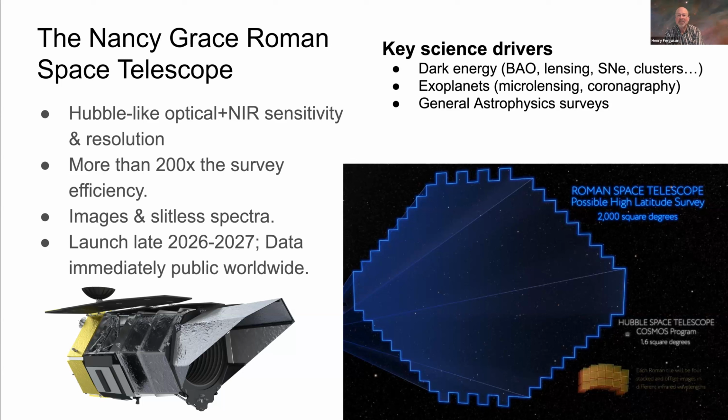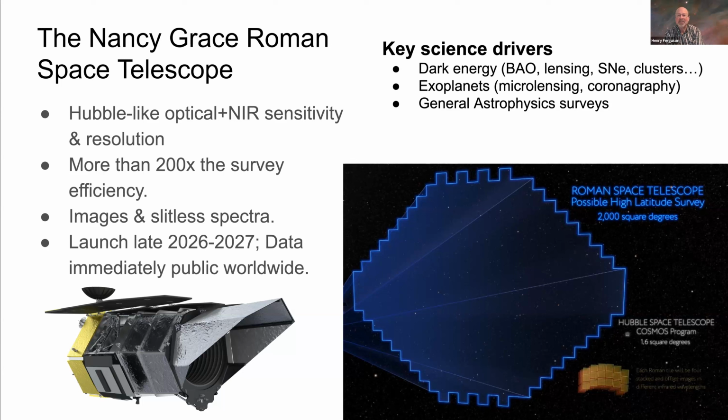It has a bigger field of view, and because the Earth doesn't pass in front of its line of sight as frequently, it will have more than 200 times the survey efficiency of Hubble. So it really is a survey telescope. It will take images and slitless spectra. It also has a coronagraph right in the center of the focal plane. Launch date is late 2026 or sometime in 2027, and the data are immediately public worldwide.